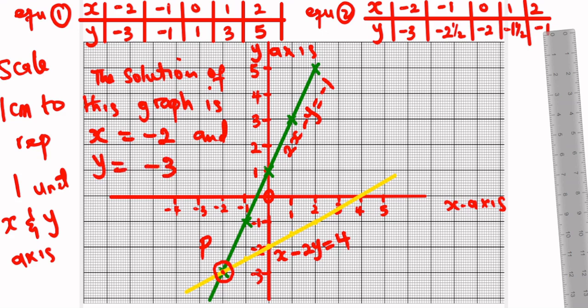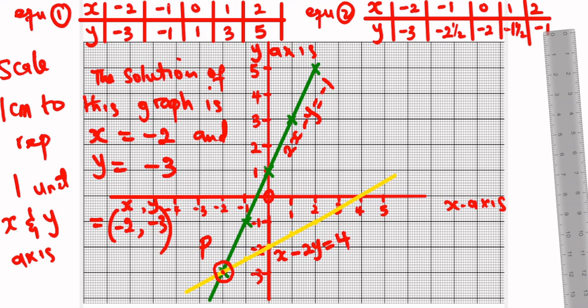So if you want to put it in coordinates, you can say it is equals to minus 2, minus 3. Remember, for coordinates, this represents our x, this represents our y. So I want you to take note of the answer we got here when we are going to apply it in the second method.